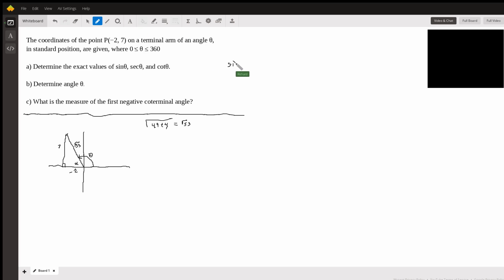Sine theta is opposite over hypotenuse, 7 over root 53. And we can rewrite this as 7 root 53 over 53, so that we don't get the teacher annoyed with us.